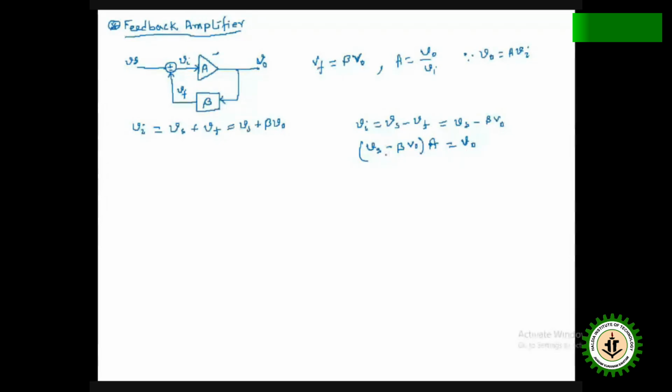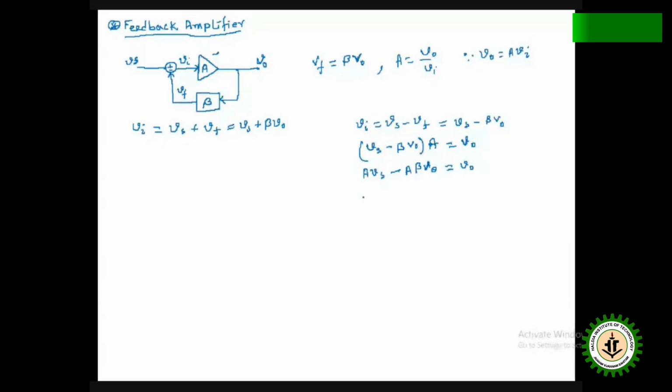So here A Vs minus A beta V0 is equal to V0.